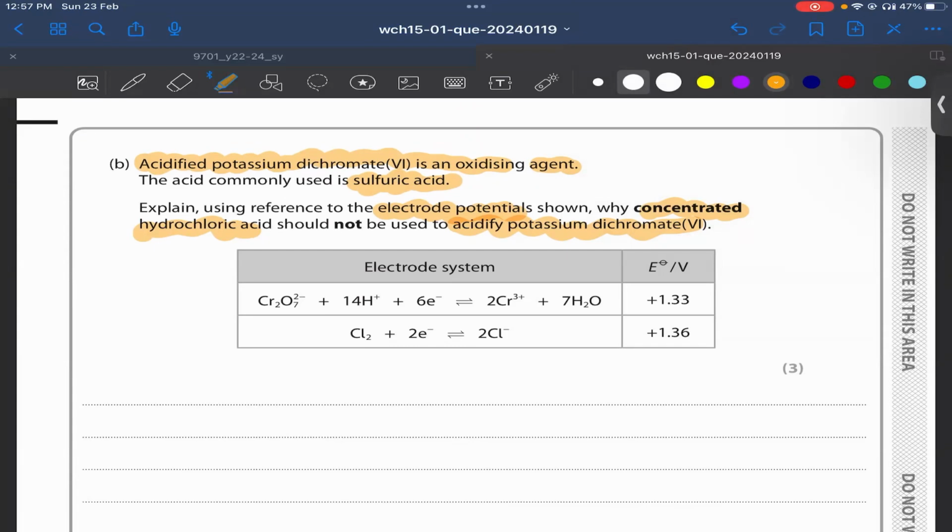Okay, since the value is very small, using concentrated acid will reduce the chlorine electrode potential. Therefore, the oxidation of chloride to chlorine will not happen. It's not feasible.